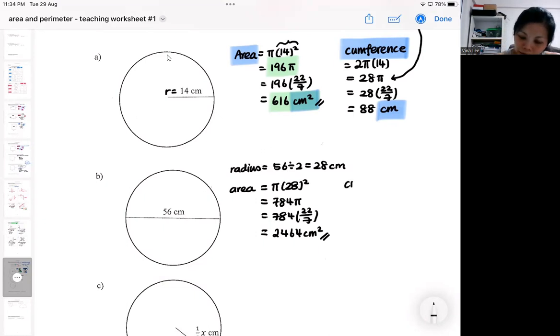Circumference, 2 pi r. Again, I will press the 2 and the 28. That will be the answer if you need to leave it in terms of pi. Otherwise, you put in the value of pi as provided by the question.